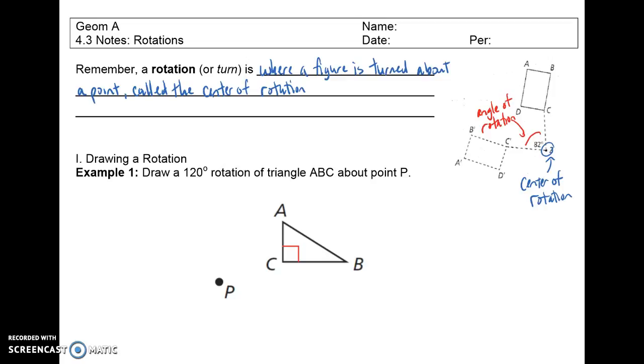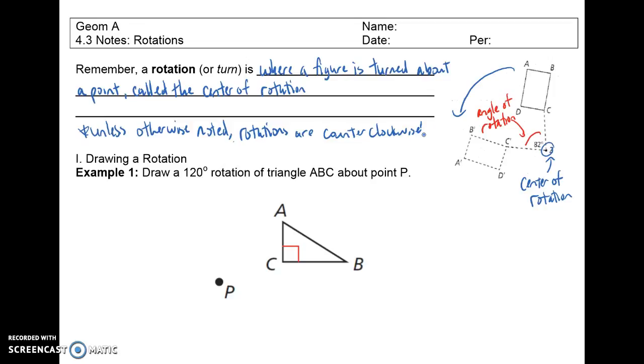Unless otherwise noted, we're always going counterclockwise. Okay, so again, unless otherwise noted, we're turning to the left.